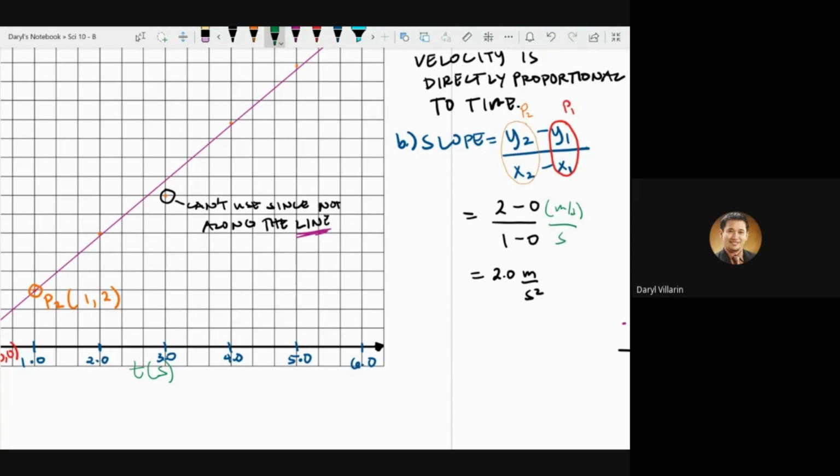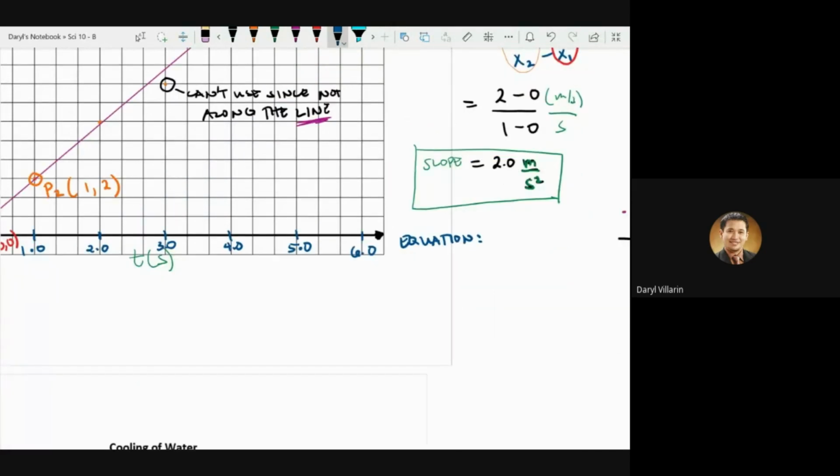So that gives you meters per second squared. So this is my slope.